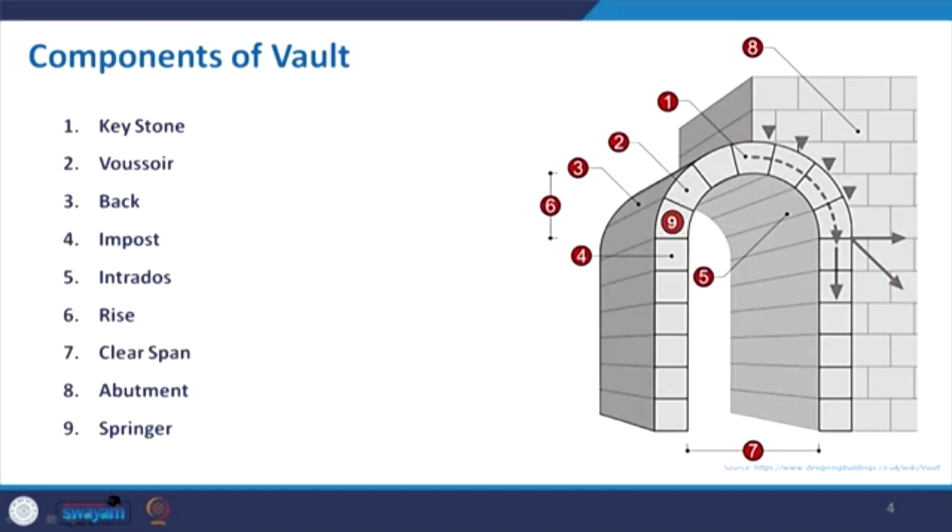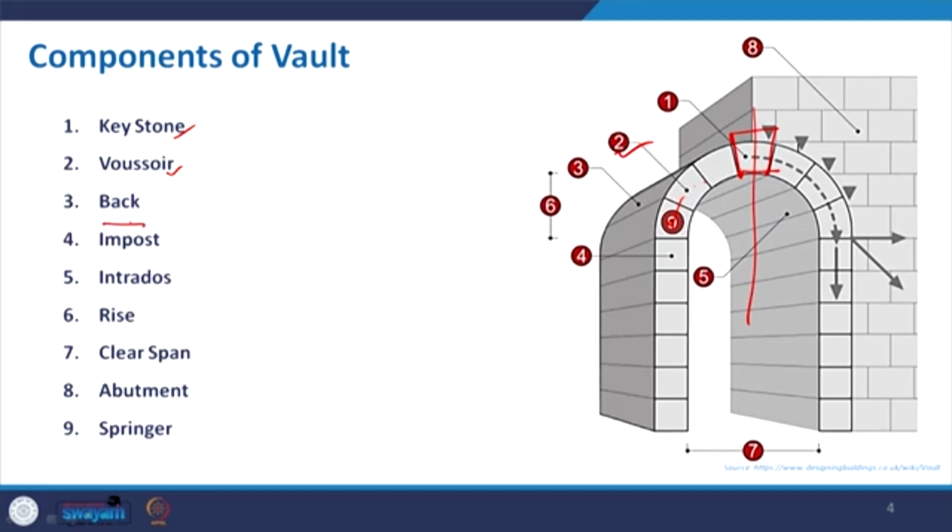Now, considering the components of the vaults, some of the components are also similar to the arch, rather most of them. Keystone is the central one, placed at the center, and the symmetry will be maintained across that. Then voussoirs are these stones, number 2, a series of voussoirs which put pressure on the next one like this.